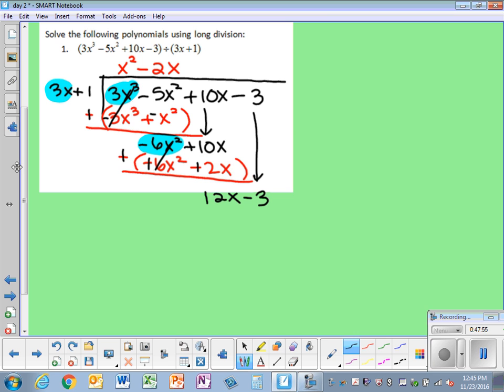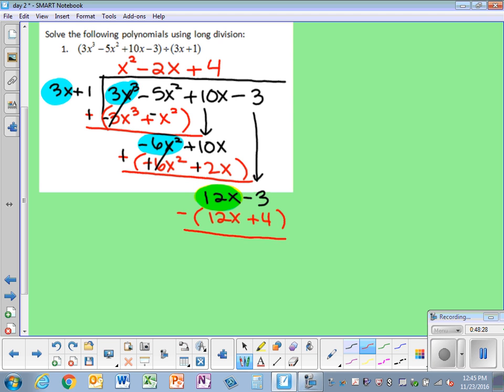All right, and then let's repeat. This 3x times what gives me 12x? Yeah, times 4, thank you. So a positive 4. So 4 times 3x gives me 12x. 4 times a positive 1 gives me a positive 4.